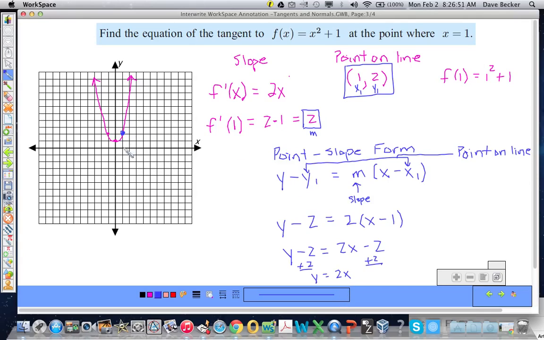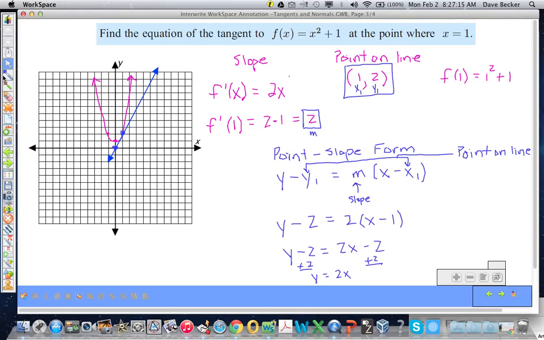Okay, so y equals 2x. I got 2 points here, and I'm going to try and graph this. When x is 0, y is 0, when x is 1, y is 2. Okay, and so let's see how I do graphing it. It's going to be tough. Not too bad for a drawing. So that's what it's going to look like.